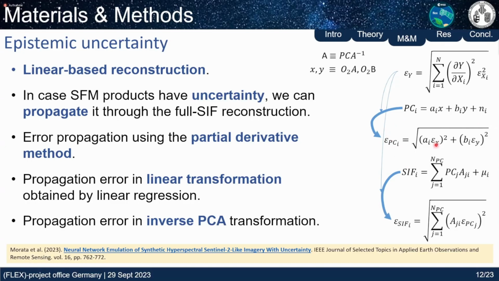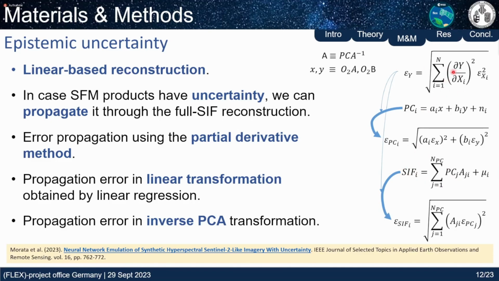So after that, when we apply the principal component analysis projection to project from the two principal components to the 200 bands original dimensionality, we apply this formula. As this is also a linear transformation, we can also propagate the uncertainties from the principal components that we obtained before until the full SIF spectrum.